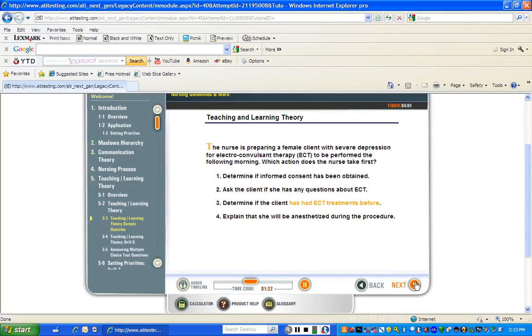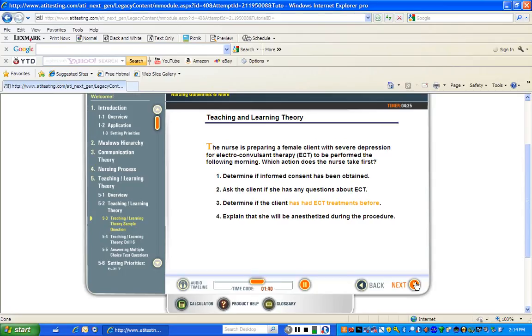Option 2. Ask the client if she has any questions about ECT. At first glance, this appears to be an assessment to determine if the client is motivated and interested in learning. However, look again at your case scenario. This client is severely depressed. It is unlikely this client has the energy to formulate a question.